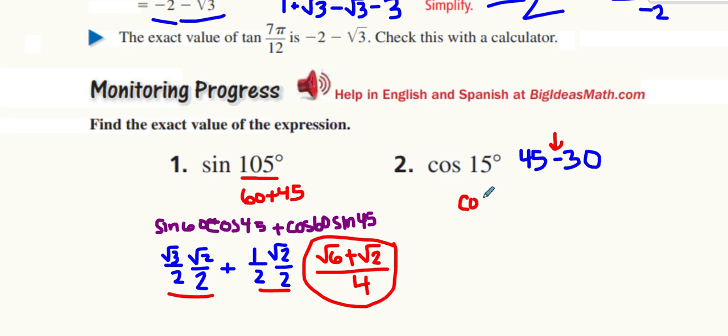So cos 45, cos 30. And then it's plus sine A sine B. So sine 45, sine 30.